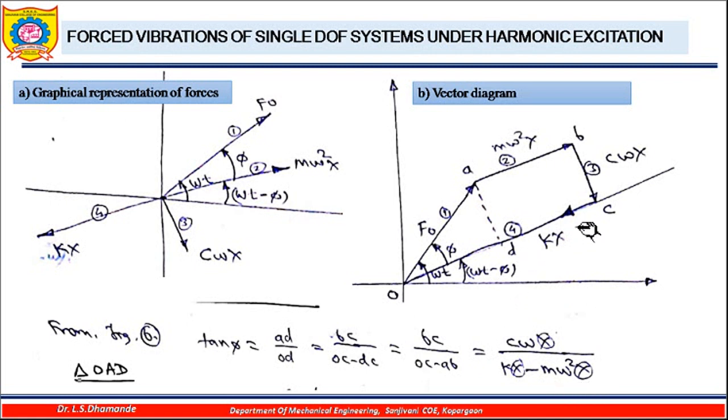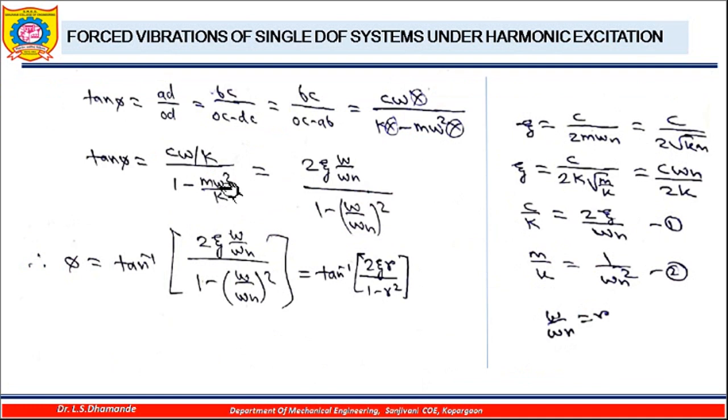So OC is Kx and AB is M omega square into x. Now you will find that x in the numerator and denominator cancels out, and we get C omega in the numerator and K minus M omega square in the denominator.